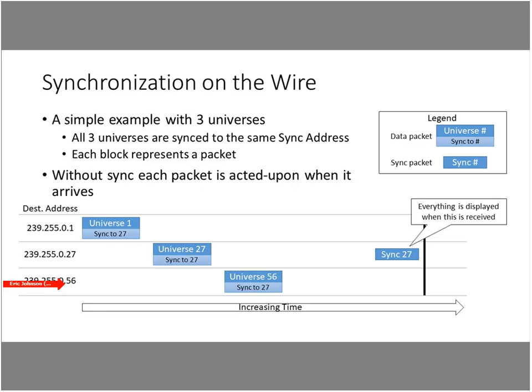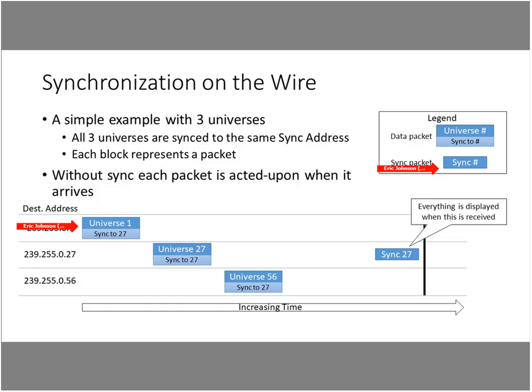And again, this is all coming from a single controller. Correct. Everything is being sent from a single source IP address, single source CID, whichever way you care to track it. We have 3 universes that are all being synced together. Just a little note on the legend. The bicolor blocks are data packets, and the sync packets are synchronization packets. They're smaller. That's why I present them this way.